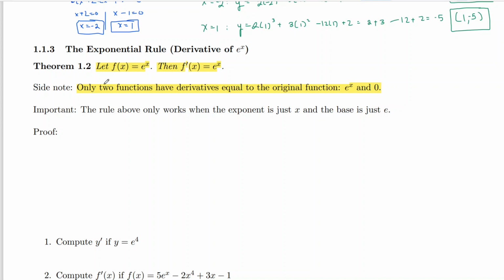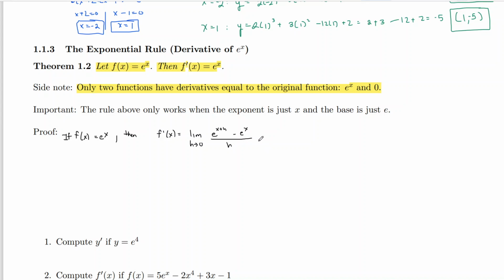So if you want to do the derivative of e to the x, let me go ahead and say if f of x equals e to the x, then f prime of x by definition is the limit as h goes to 0 of f of x plus h. F of x plus h would be x plus h in the exponent here. So we'd have e to the x plus h minus f of x, which is just e to the x, over h.